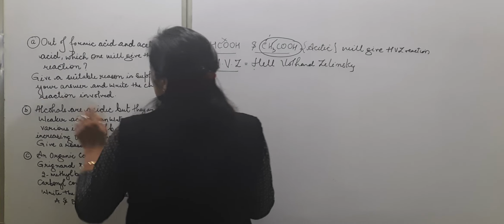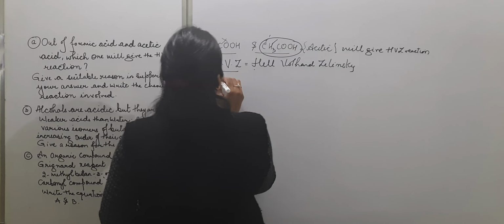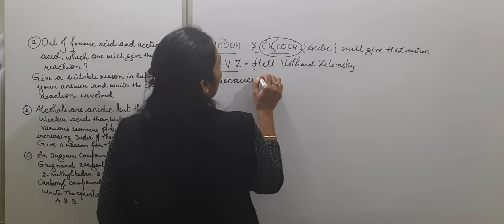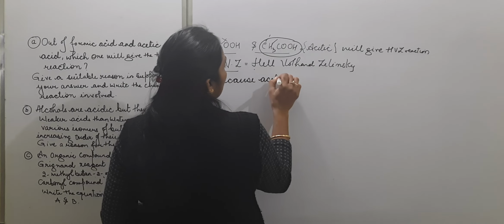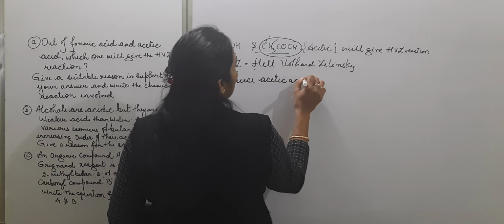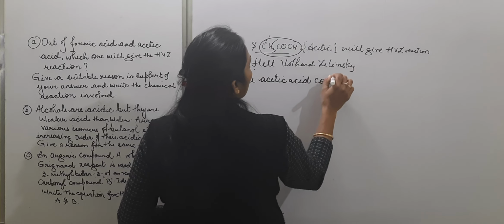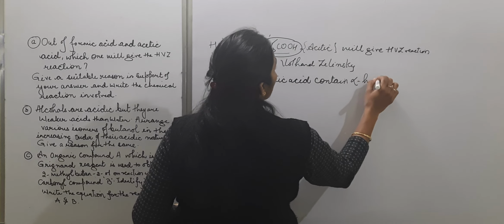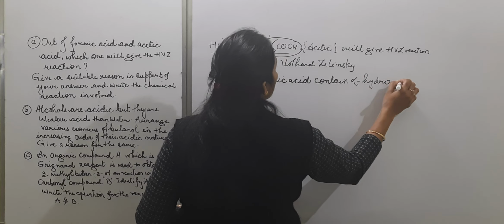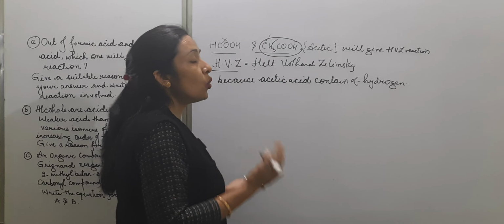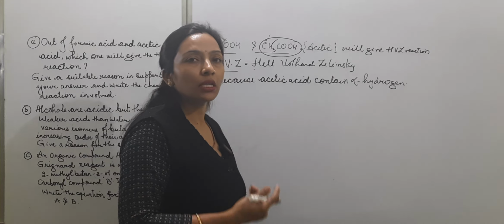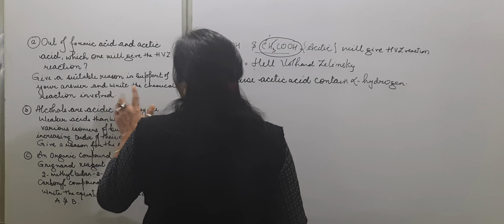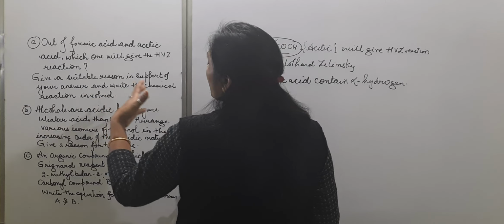Because it says give a suitable reason: because acetic acid contains alpha hydrogen, and this reaction is given by only those acids which are having the alpha hydrogen in it. So the reason is also given, and write the chemical reaction involved.